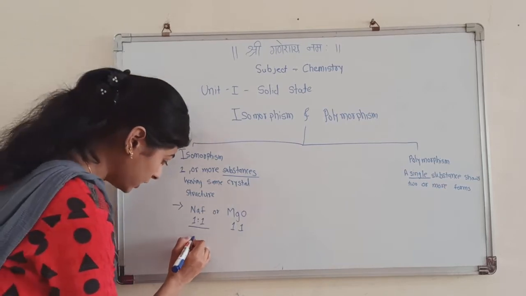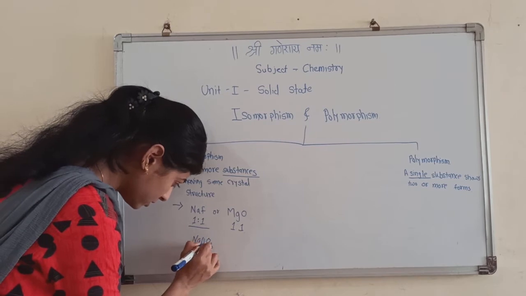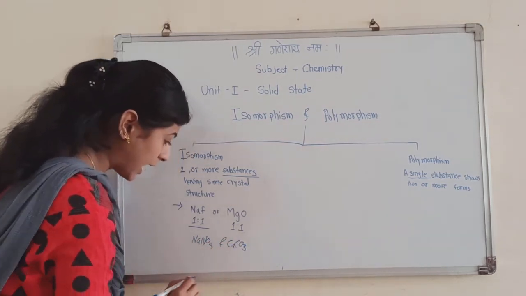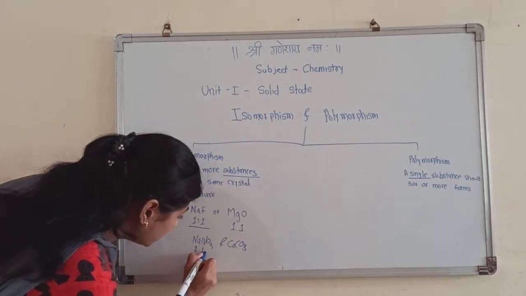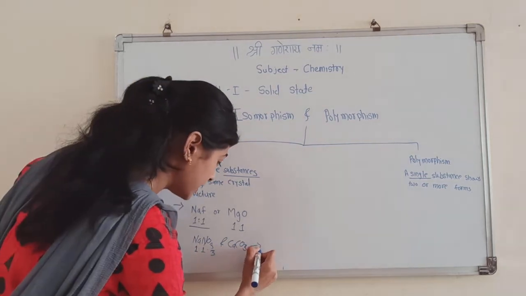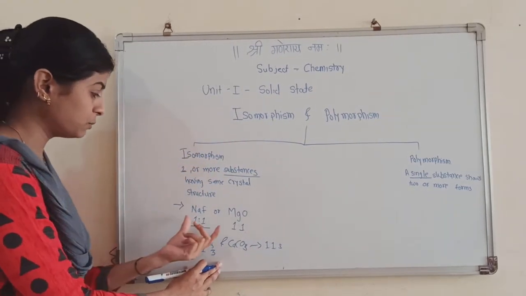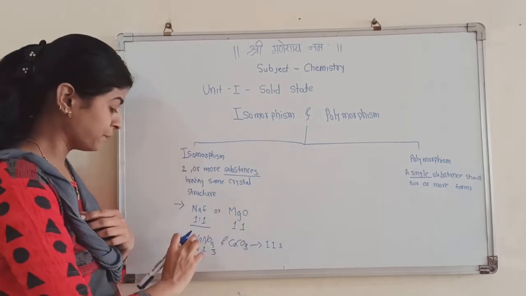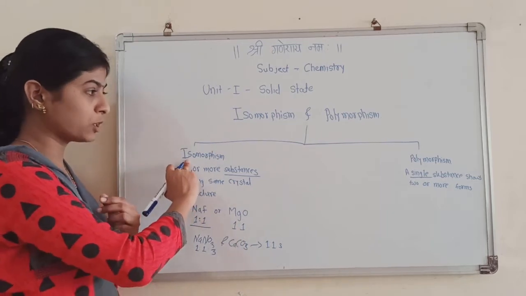On the other hand, NaNO3, that is sodium nitrate, and CaCO3, calcium carbonate, have the ratio 1:1:3. It means NaF and MgO show the isomorphism phenomenon, whereas NaNO3 and CaCO3 also show the isomorphism phenomenon.